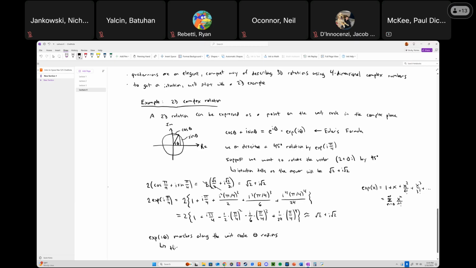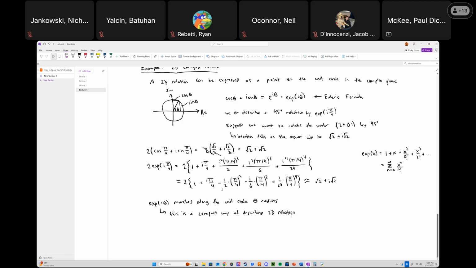This is a compact way of describing a 2D rotation. So you don't need a whole 2x2 attitude transformation matrix, which you could have done. Not necessary, just the exponential function of I theta.